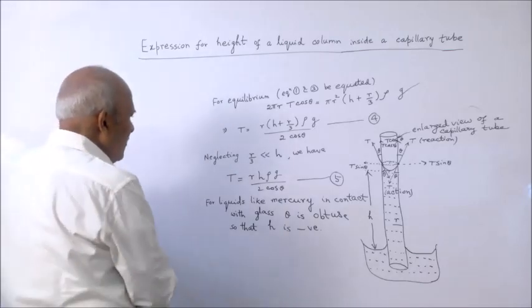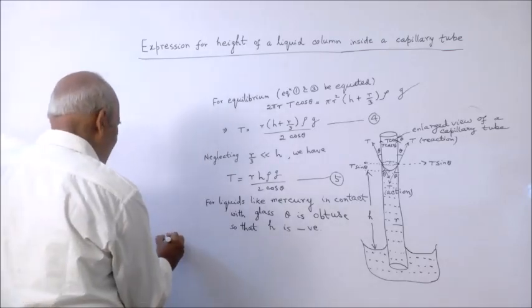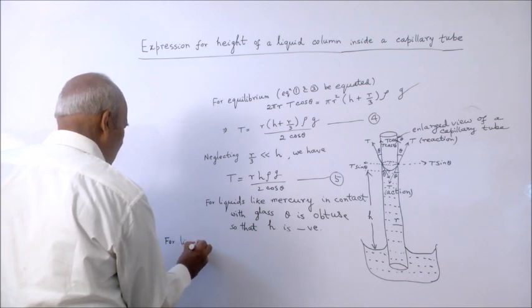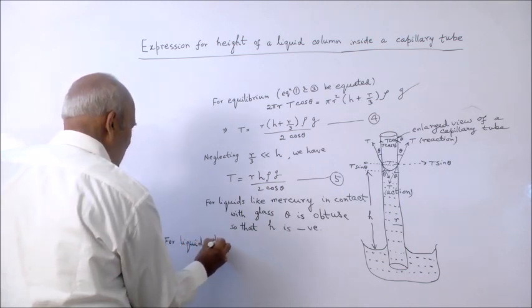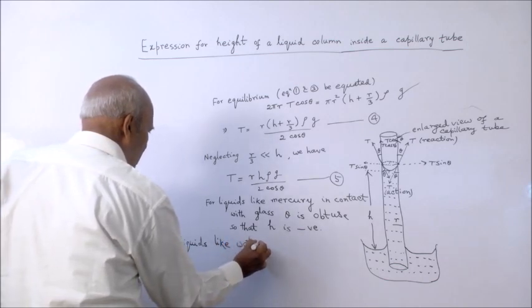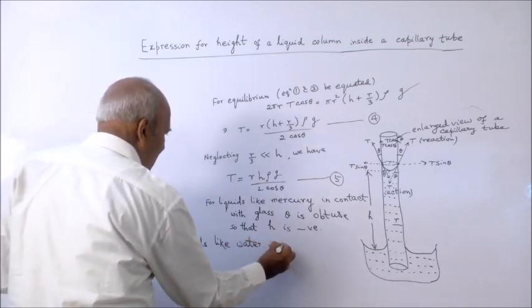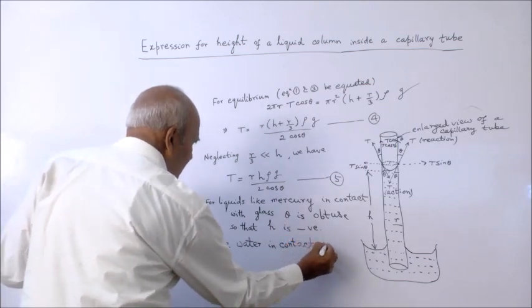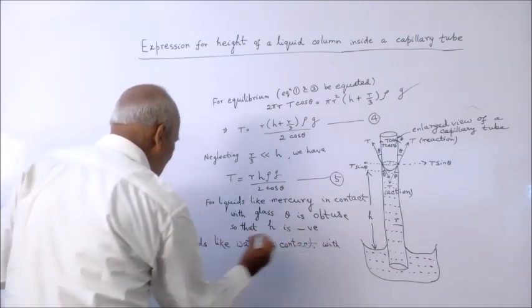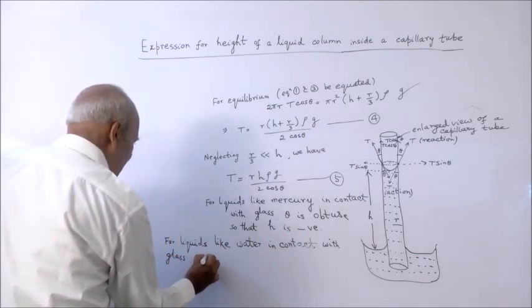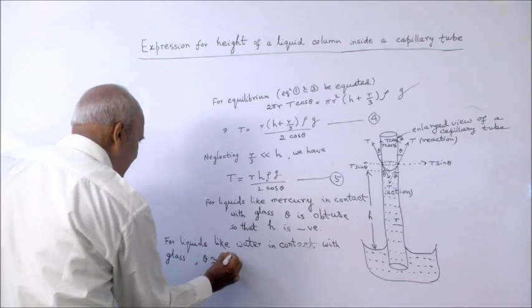Then for liquids like water, what happens? For liquids like water in contact with glass, theta is nearly equal to 8 degree.